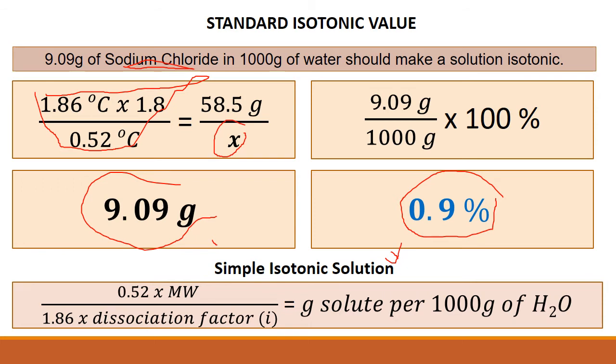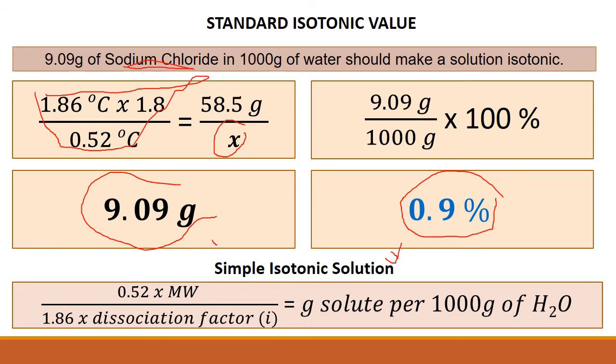It should make a solution isotonic. Okay, so the standard percentage of our isotonic solution is 0.9. Okay, so 0.9% is the standard, but this is a standard formula already. Okay, so I will show you why we got the 0.9.